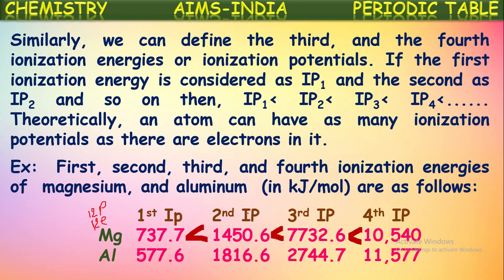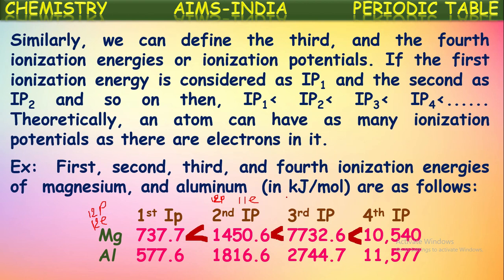So after the removal of one electron, what is happening? The number of protons remains 12, but the number of electrons has become 11, meaning positive charge is greater than negative charge. Nuclear charge is more, so for the removal of one more electron, more energy is required.